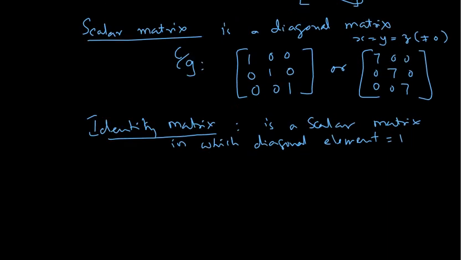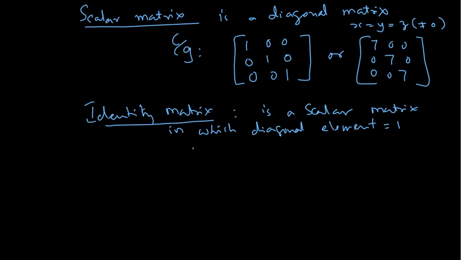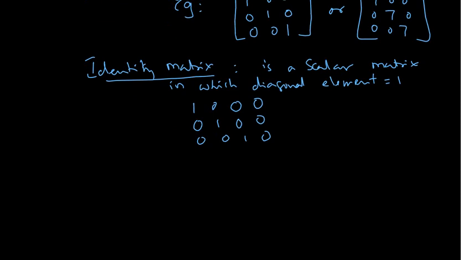So you can have 1 0 0 0, for example, 0 1 0 0, 0 0 1 0, and I'm taking the 4 by 4 matrix, 0 0 0 1. So this is also an identity matrix, both are identity matrices. The diagonal is 1.